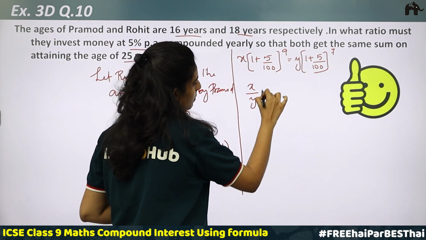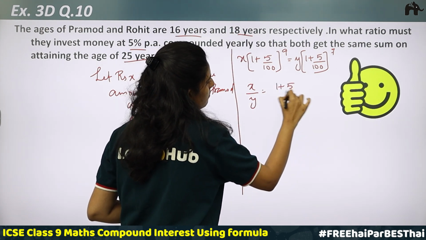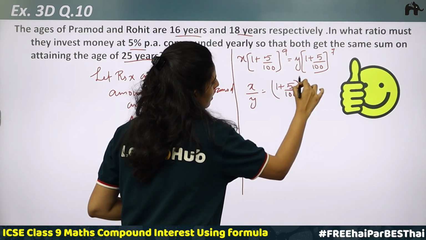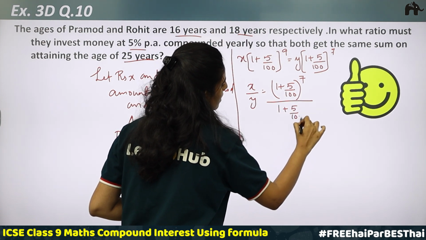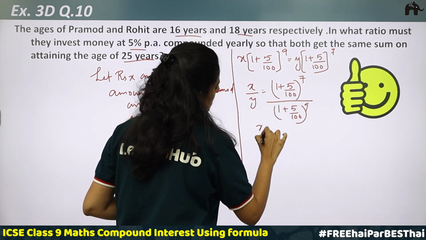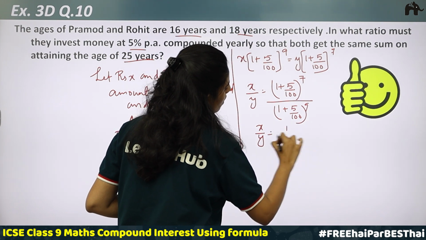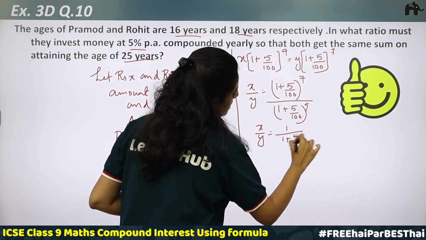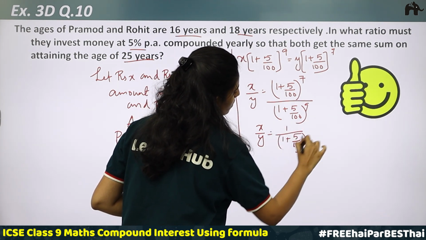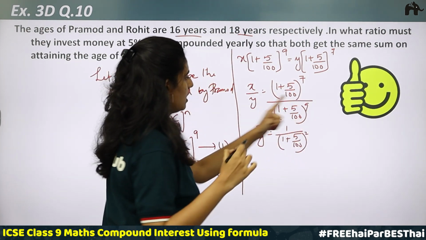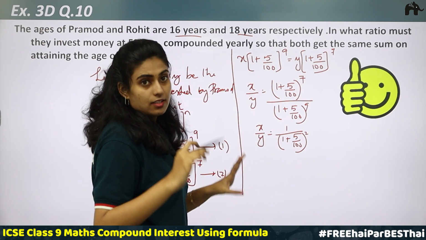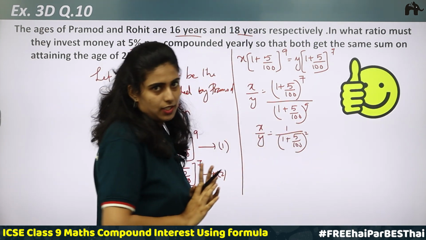X by Y will be equal to (1 plus 5 by 100) raised to 7 divided by (1 plus 5 by 100) raised to 9, which means X by Y is equal to 1 divided by (1 plus 5 by 100) whole square. Here we have 7 and here we have 9. 9 minus 7 will be the power in the denominator.